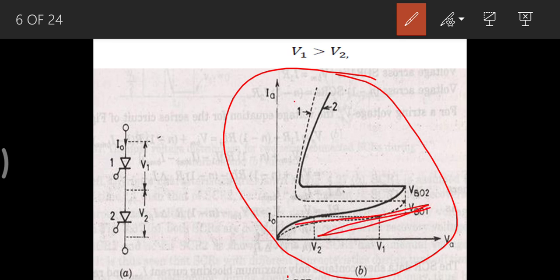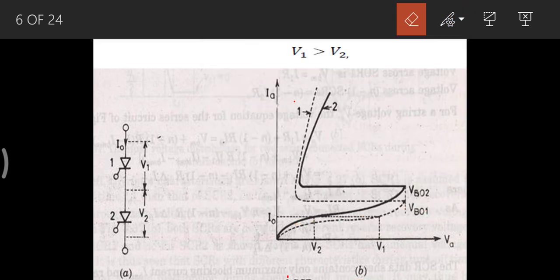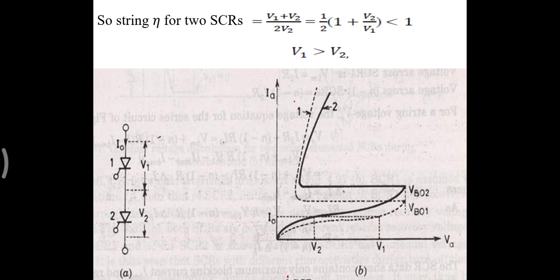So the shape of the VI characteristics is the same, but the values are not the same. Here our task is to design the same shape with the same values across the 2 SCRs.